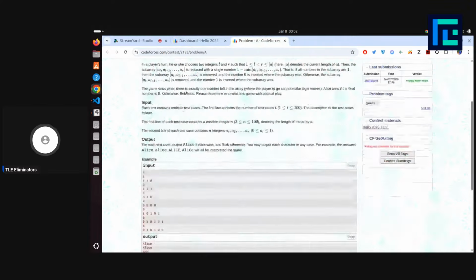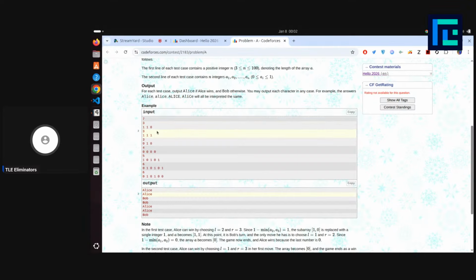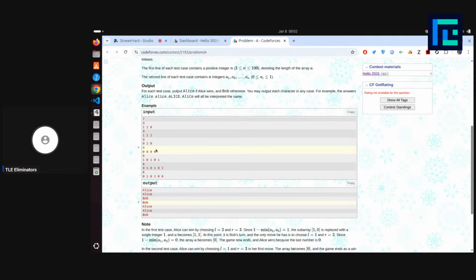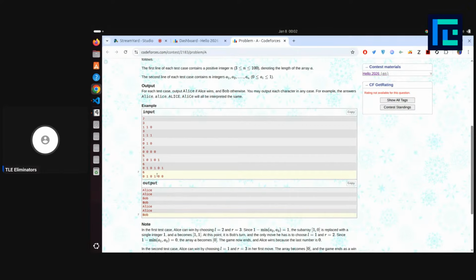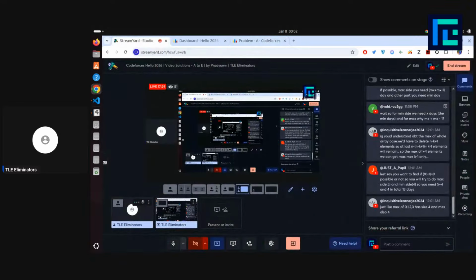You can simply verify also that if the array starts and ends with 0, then Bob wins, otherwise Alice wins. So Alice, Bob, Alice, and Bob, right? Correct answer.